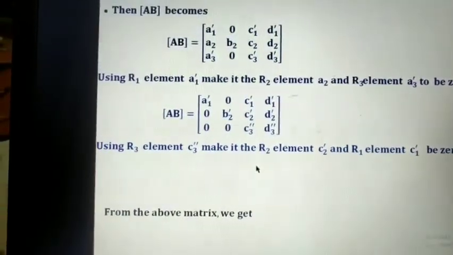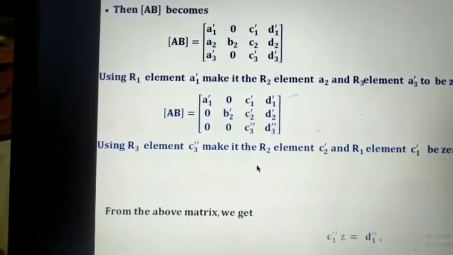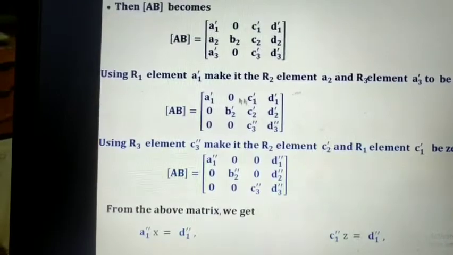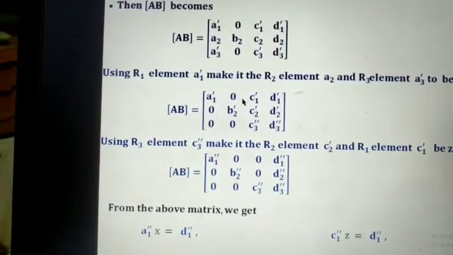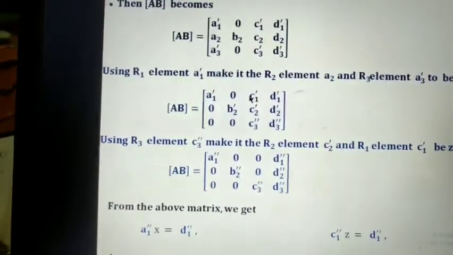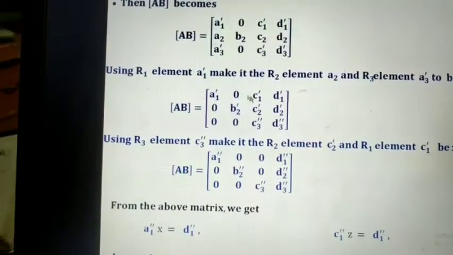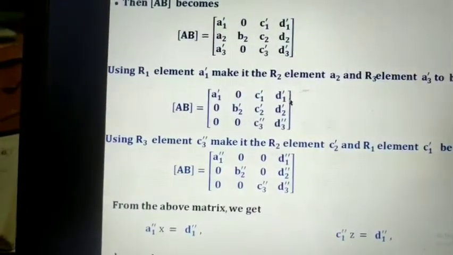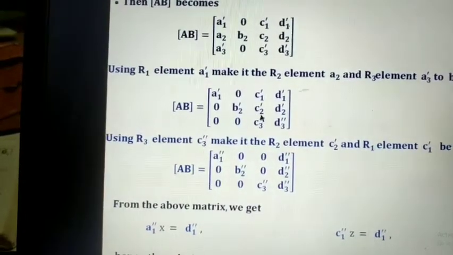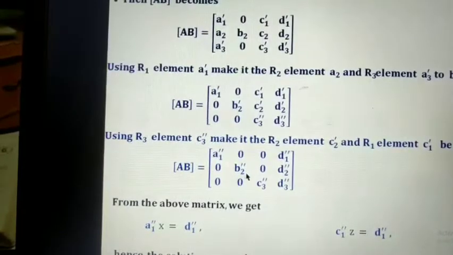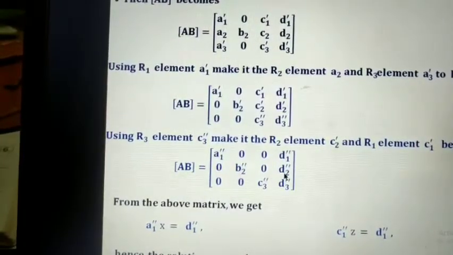Then the augmented matrix AB becomes: A1 dash changes to A1 double dash, these are 0, and D1 dash becomes D1 double dash. Similarly with the help of C3 double dash, these two change and are written B2 double dash and D2 double dash.